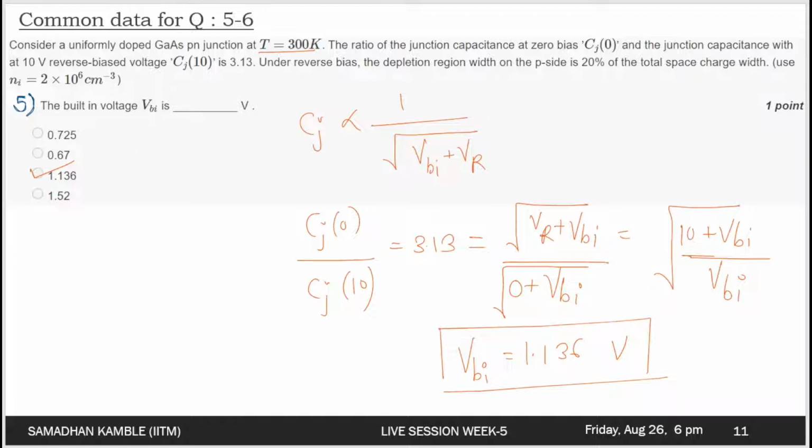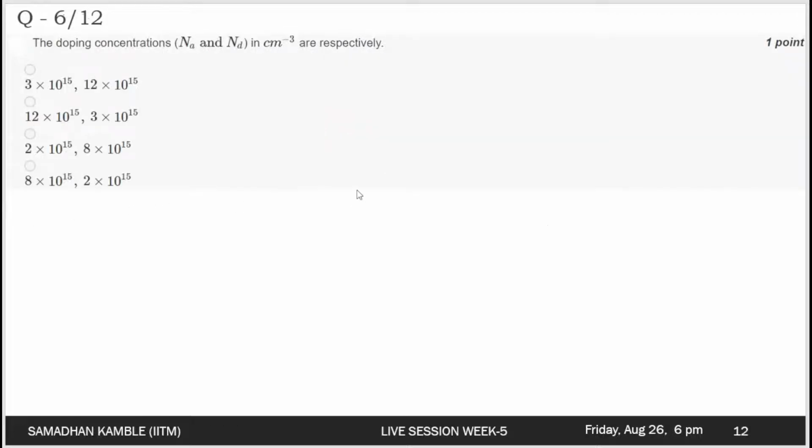Now let's go to question number 6, which is also based on this data. The question is, the doping concentrations Na and Nd are asked. For this we know that once we have the built-in potential, we can recall one formula for the built-in potential, that is V built-in given as kT by q ln of Na times Nd over ni square.